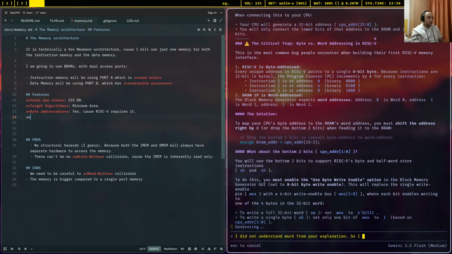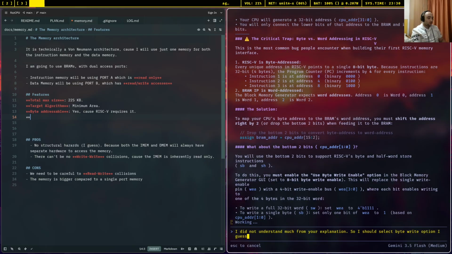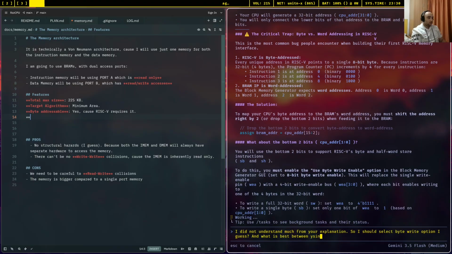So I should select the byte write option, I guess. And what is best between using native interface and AXI4?